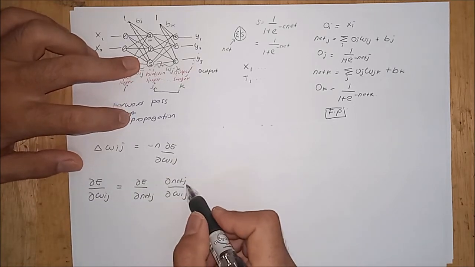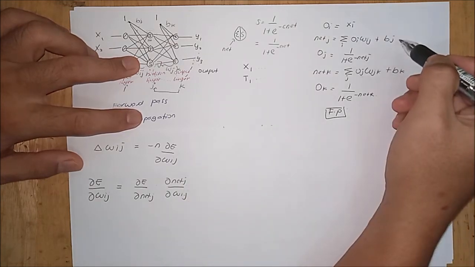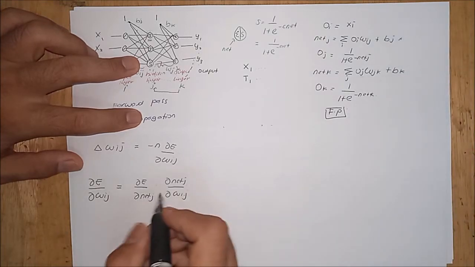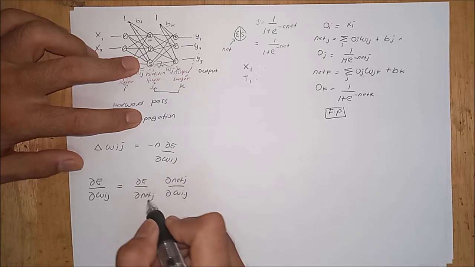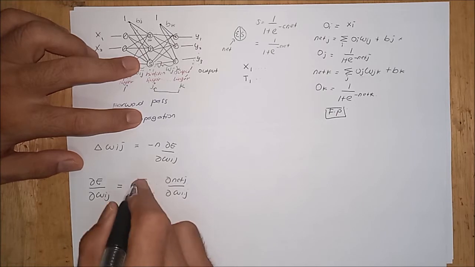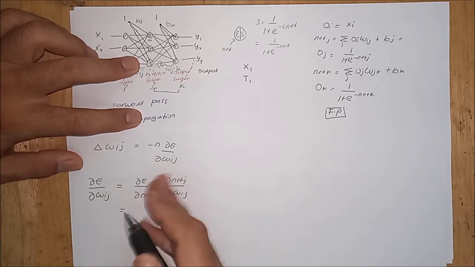d net j over dWij, we can settle using this equation. However, we don't have any direct relation from the error to net j, so we expand dE over d net j times the latter part.